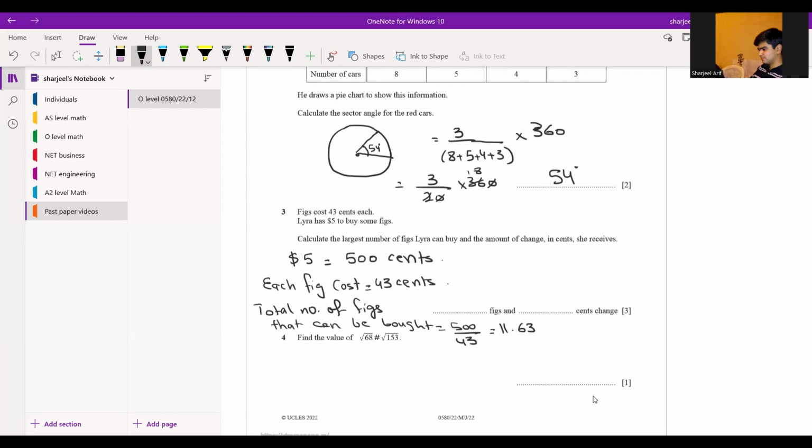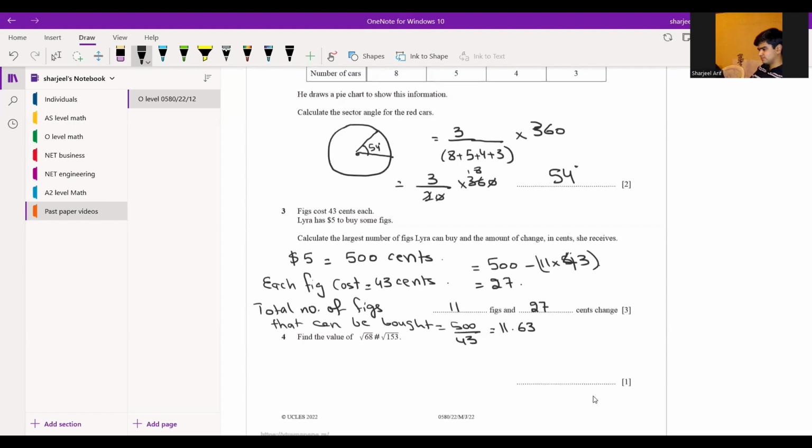So we will say that only 11 figs would be bought from 500 cents. And the remaining number of cents will be 500 minus the cost of 11 figs. So you can solve it by deducting the cost of 11 figs from 500. So you will get 27.